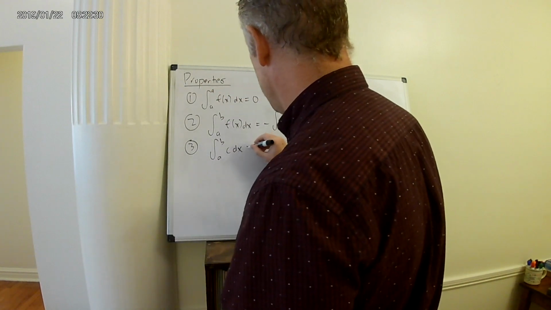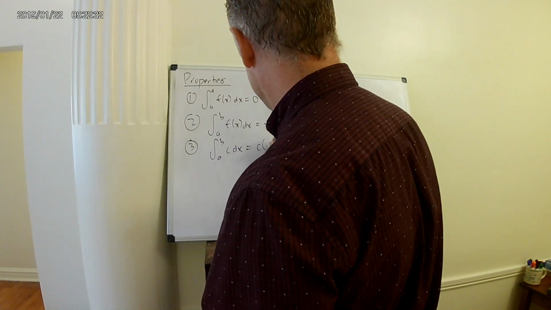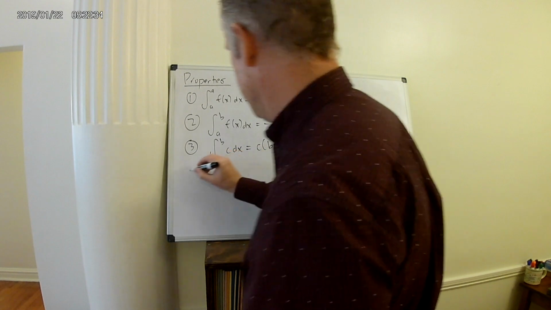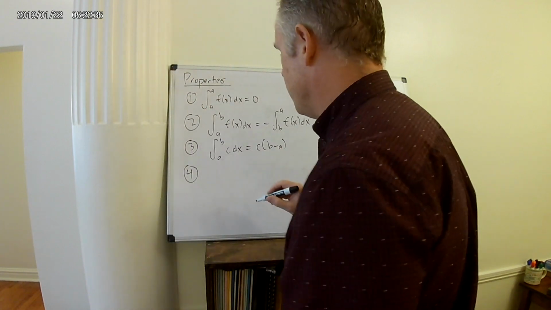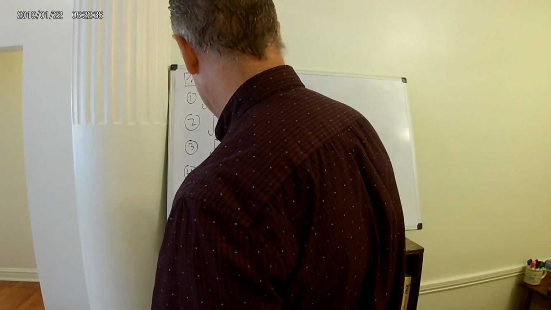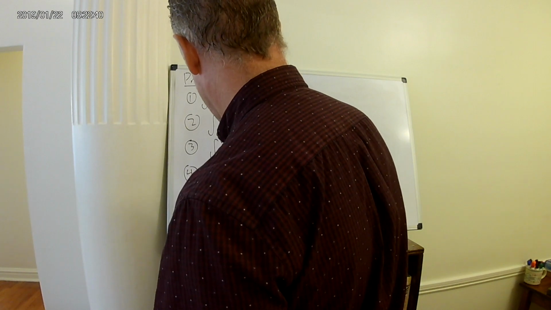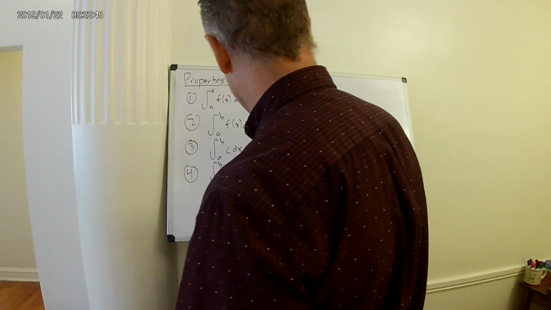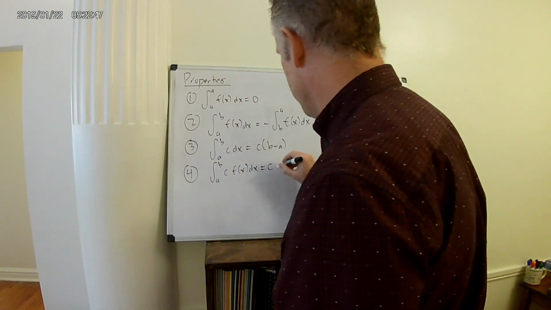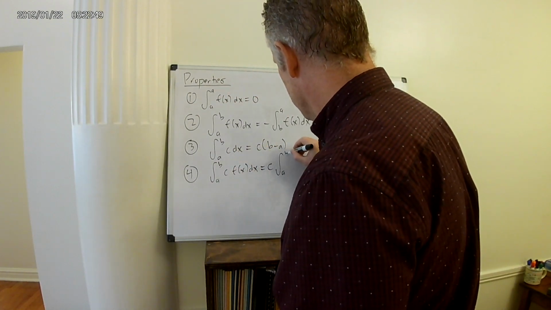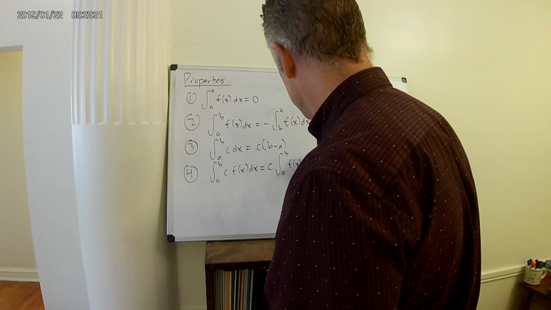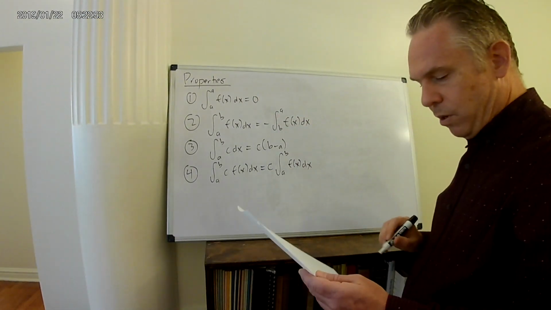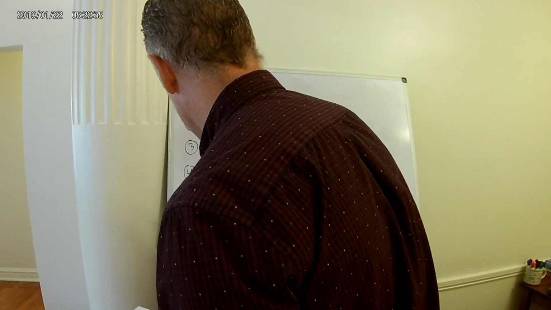So if your function is a constant, this just equals the constant c times b minus a. Another important property is if you have a constant times f of x dx inside the integral from a to b, you can always pull constants out from an integration sign, and you get the constant times the integral from a to b of f of x dx.